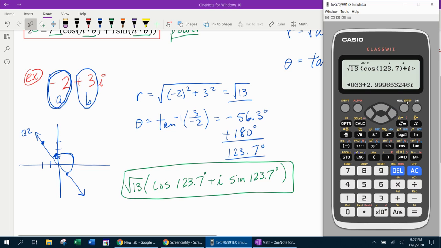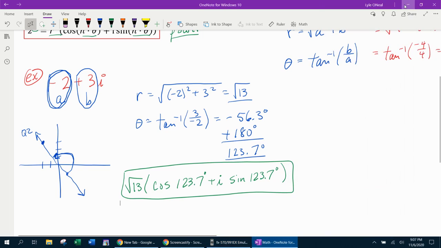In fact, if I keep scrolling, you're going to see the I there. So that is a way that you can use the calculator to verify that your answer is correct. You got to be in complex mode so that you can input the I, and you input your answer to see if it gives you the problem back. And remember, it's not exact because we had to approximate this angle here.